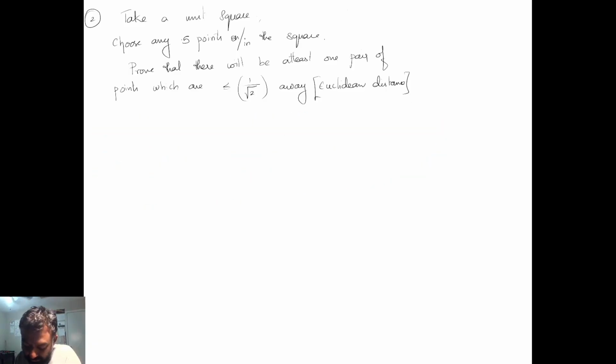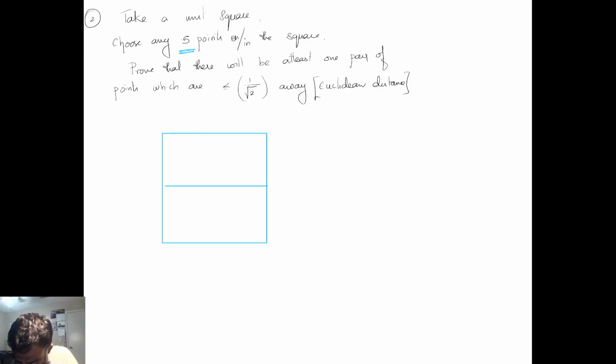So recall, we have 5 points. That's the clue we have to understand here, and the square is of size 1, right? So if I have the square, let's divide it up into squares of side half. There's a reason why I did this. Look at this smaller square inside.